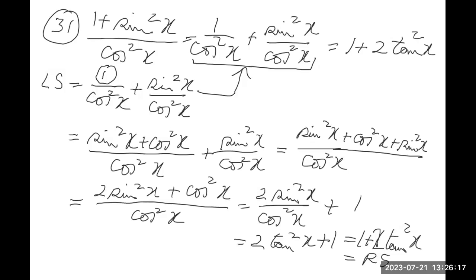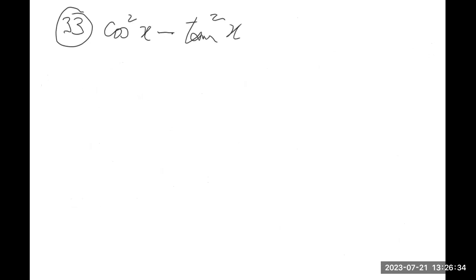Let's look at problem number 33. We have to show that cosine square x minus tan square x equals 2 minus sine square x minus secant square x.